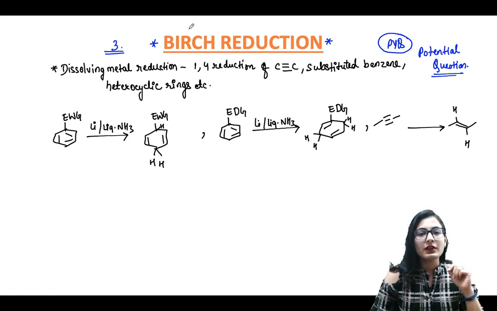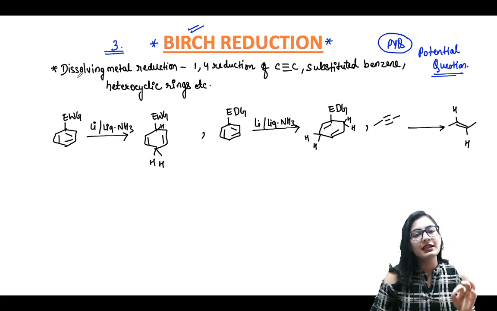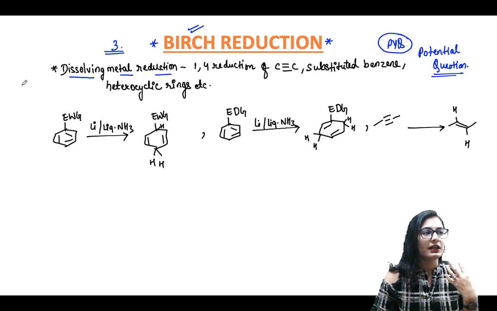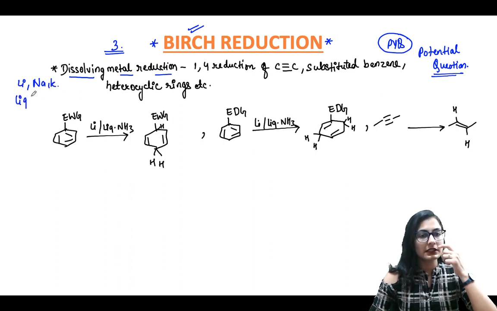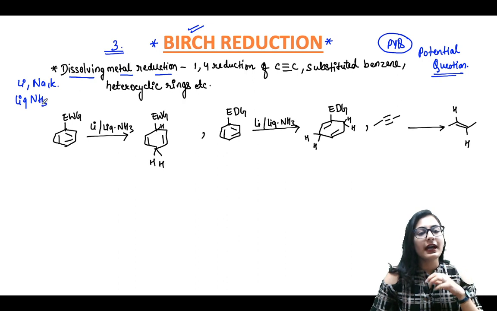We are going to talk about the Birch reduction, which is basically a dissolving metal reduction, where we take an alkali metal, let's say lithium, it can be sodium, it can be potassium, in liquid ammonia. We are dissolving this in liquid ammonia, and it is going to furnish electrons.